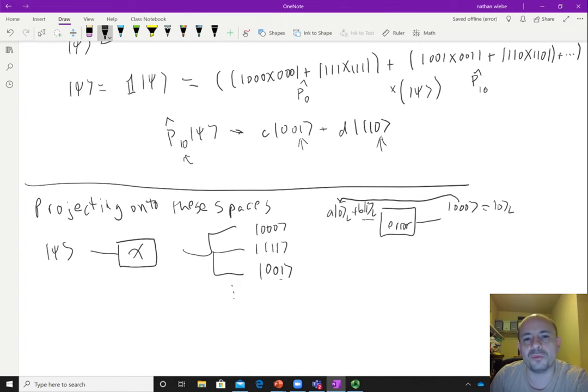So we cannot just directly measure. We have to find some clever way of projecting our vector down onto one of these classes, figuring out which class it is, and then working backwards.